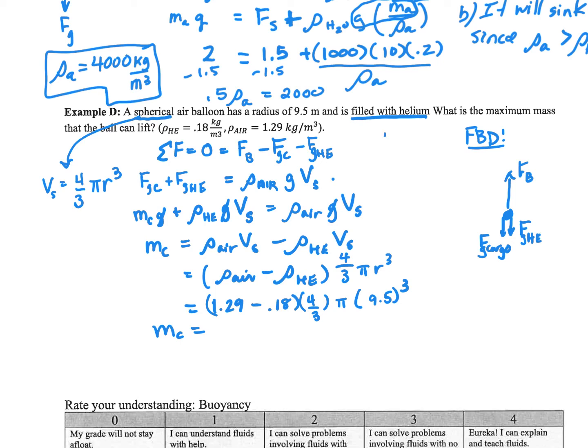And we might want to put over here somewhere that we understood that the volume of the helium was equal to the volume of the sphere since it's contained in the sphere, right? Since it's in the balloon, right?